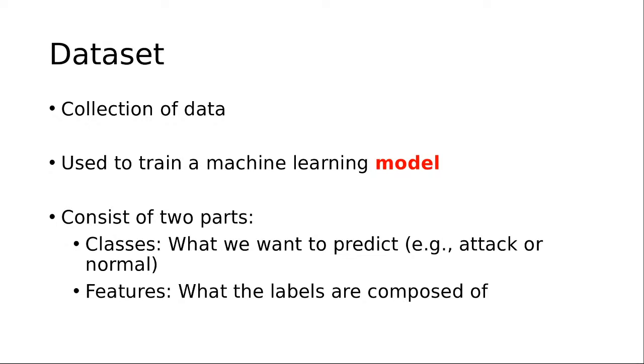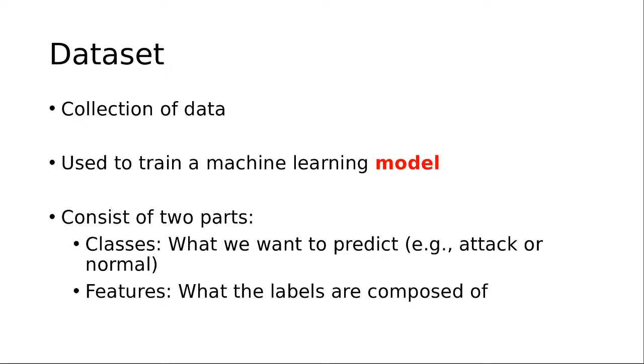When it comes to a data set, a data set consists of two parts. One is what is called features or classes. The classes are what we want to predict.